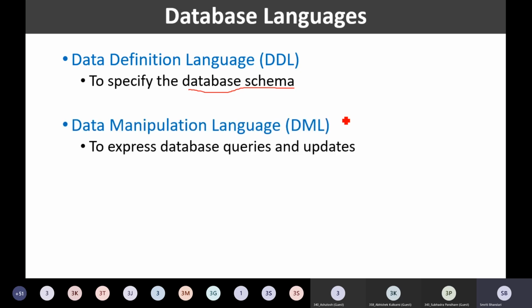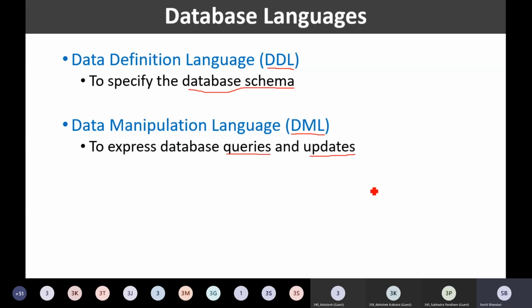Also, we have the data manipulation language, abbreviated as DML. So data definition language is abbreviated as DDL and data manipulation language as DML. Data manipulation language is used to express database queries and updates.